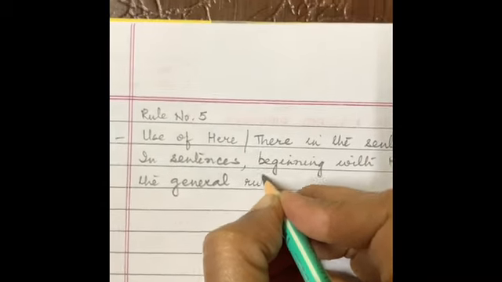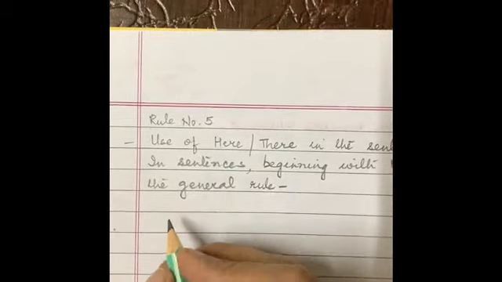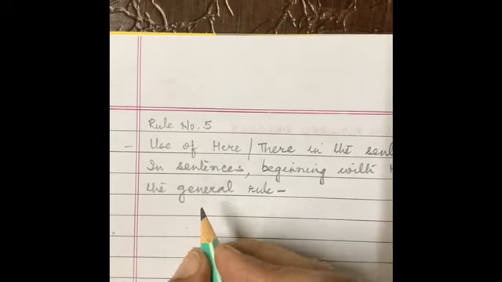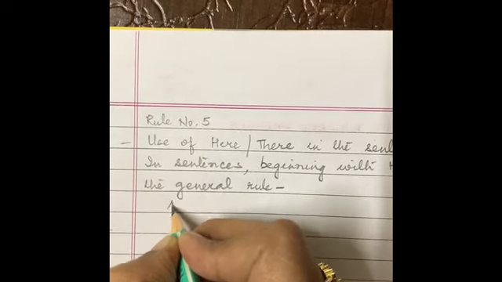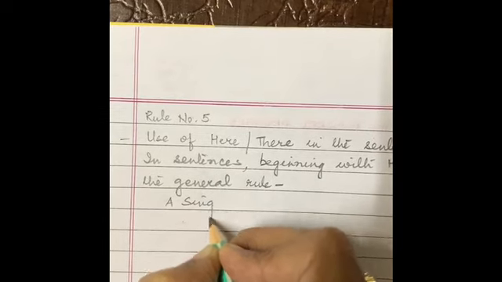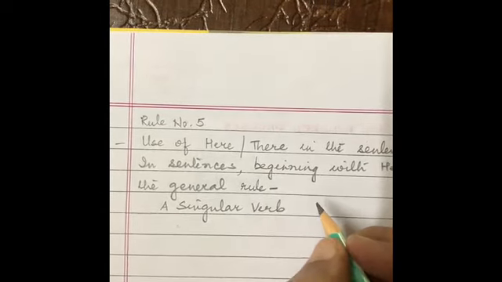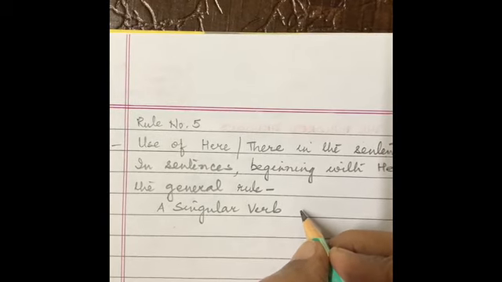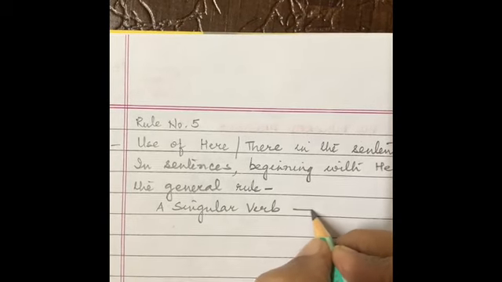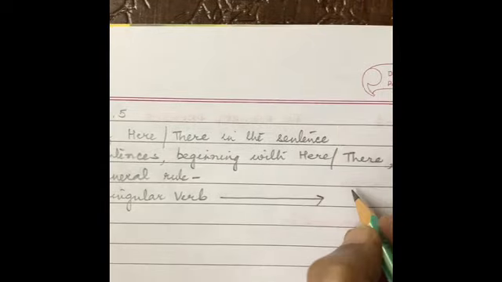And what is the general rule? The general rule is a singular verb is used when the singular subject is there in the sentence.